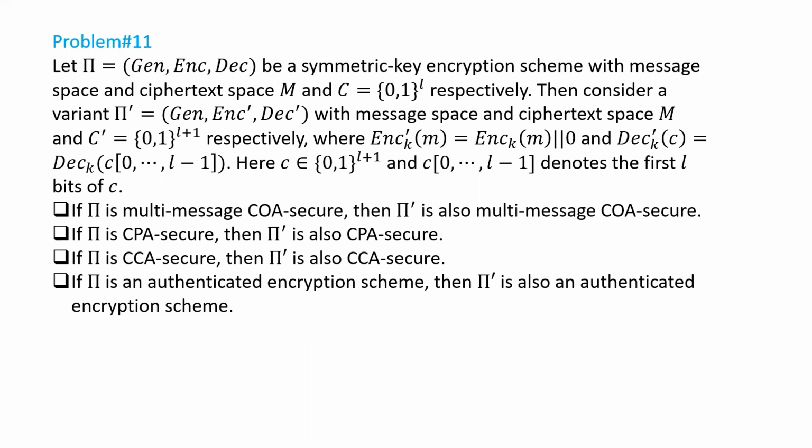Now encryption Enc'_K(M) is defined as Enc_K(M) concatenated with 0, and accordingly decryption Dec'_K(C) is defined as Dec_K of C[0 to L minus 1], that is, it just uses the first L bits of the ciphertext and calls the original decryption algorithm with key K. Now some options are given: if pi is multi-message COA secure, then pi' is also multi-message COA secure.